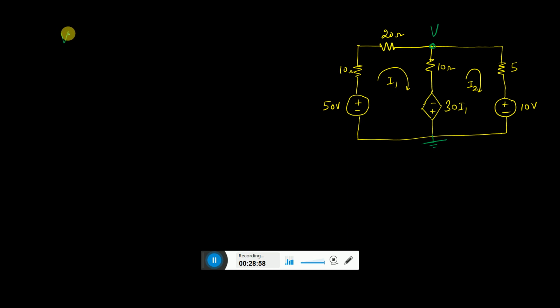I am writing simply the equation. V, this is the current which is going here, so that will be nothing but V minus 50, because 50 has a plus sign on the top, divided by the total resistance, which is 30. And here it is V, because this voltage is favoring the current which is going down.